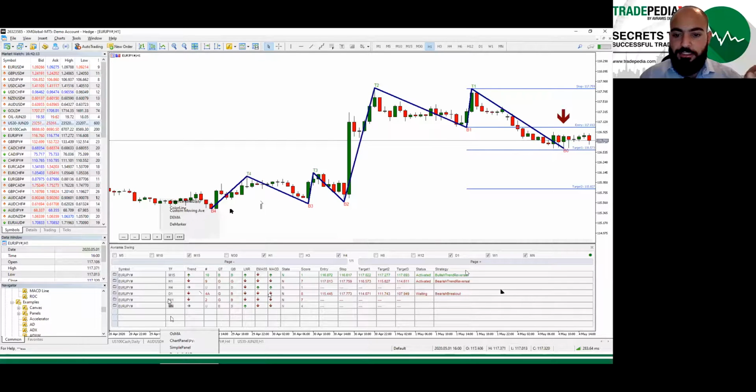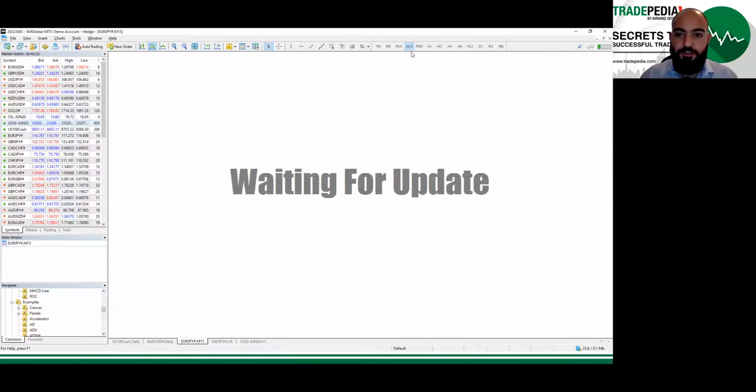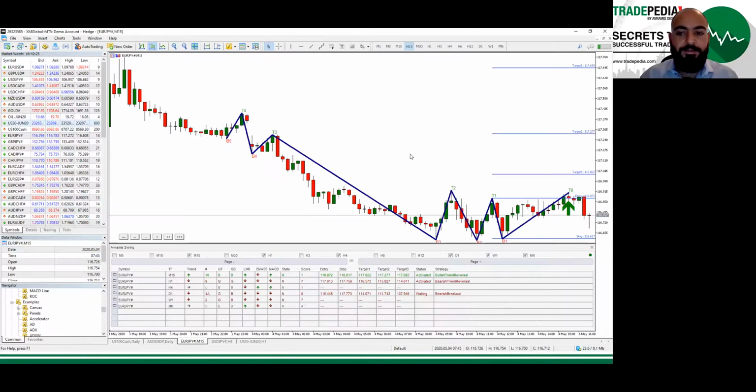So as you can see here, on the 15 minutes, I have a bullish entry. So if I'm an intraday trader, more of a scalper, I can go to the 15 minutes and then trade this entry here.